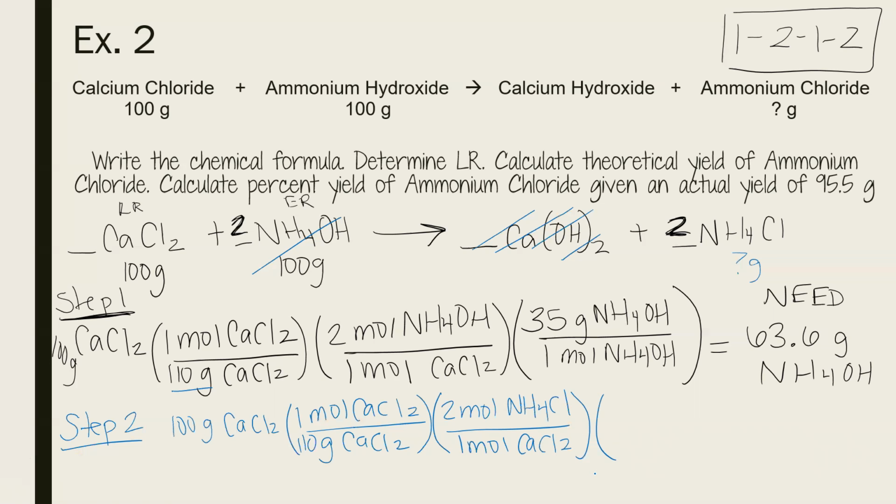And then my unknown molar mass, N plus H plus H plus H plus Cl, is 53. Remember, it's Cl, not Ci. Also, don't take it times the coefficient of 2. Coefficient is only used in the mole ratio.